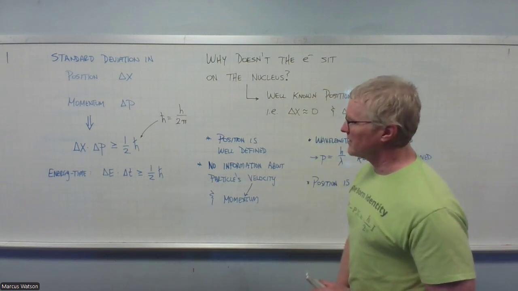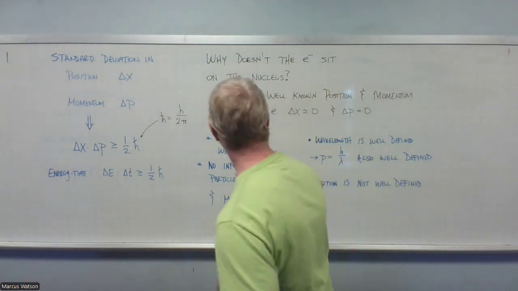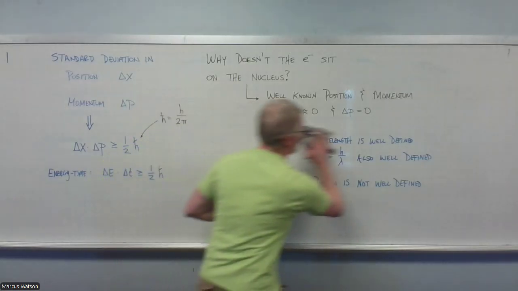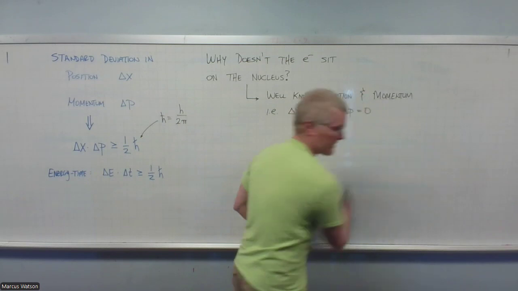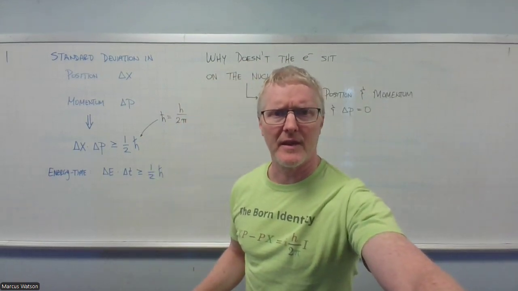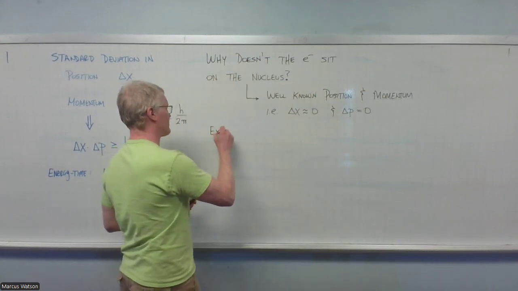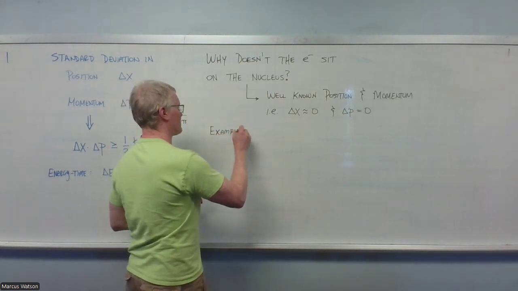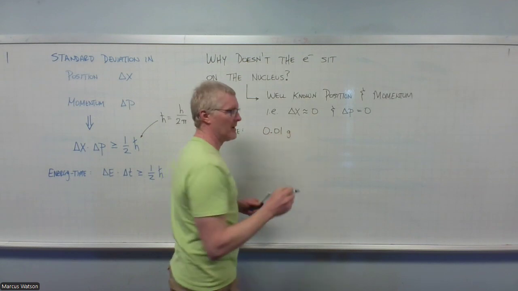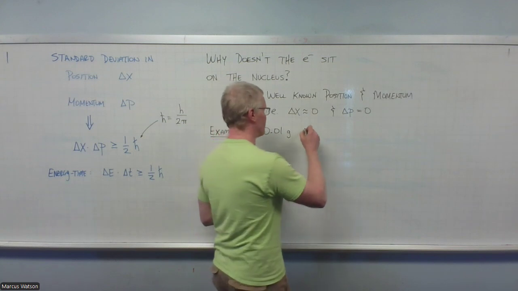So let's take a look at what goes on here. Let's do an uncertainty calculation for a couple of different things. Here's an example. Suppose I have a 0.01 gram pellet.